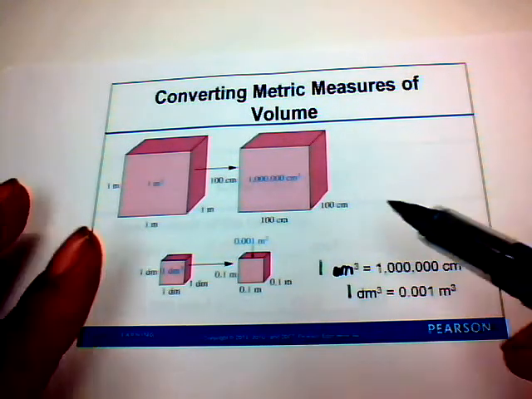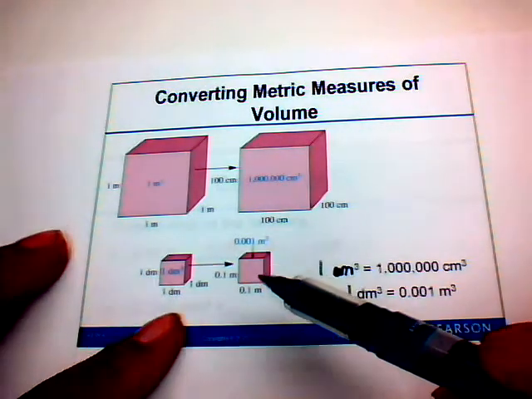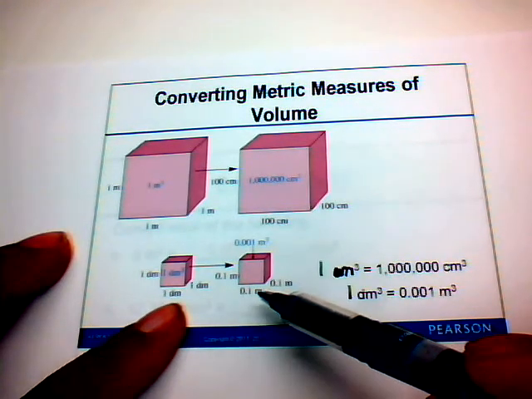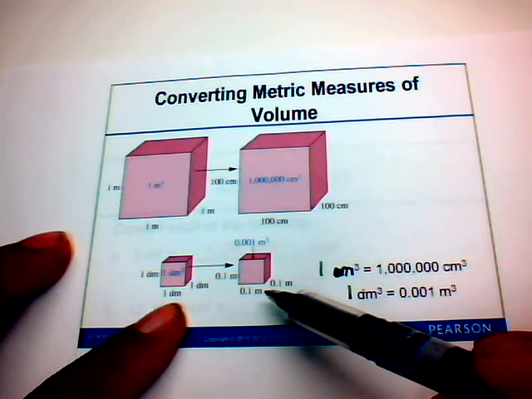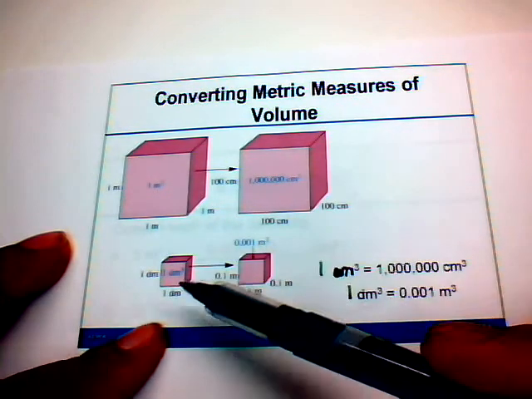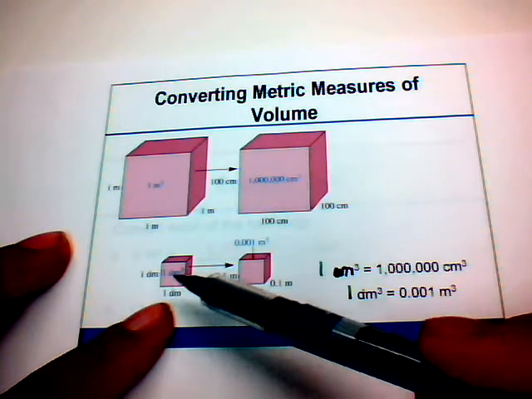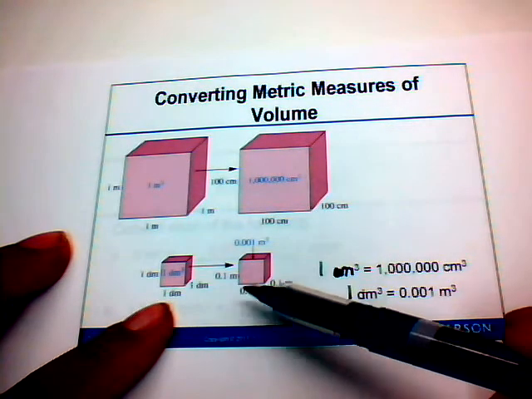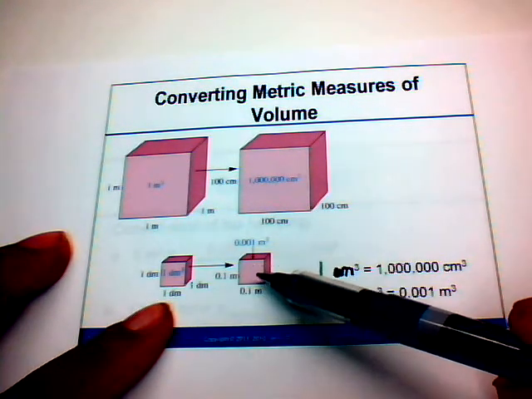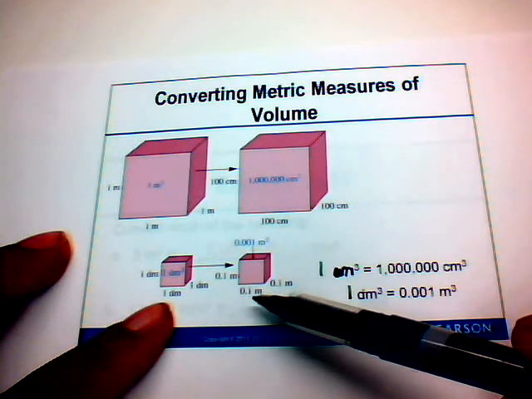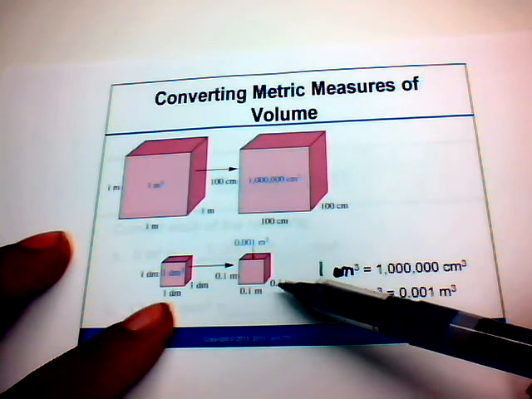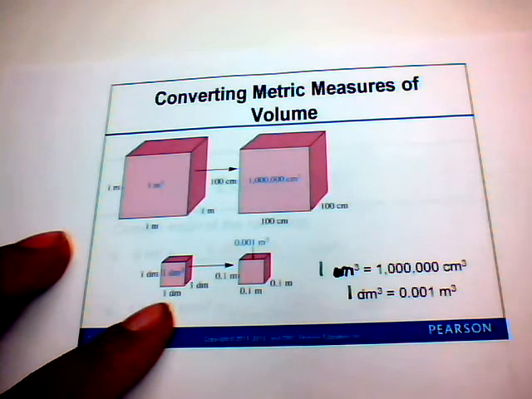You can see the equivalencies here, because a decimeter is one tenth of a meter. So for the cubic decimeter, length times width times the height, that's 1 cubic decimeter. Then this would be equivalent to 1/10 times 1/10 times 1/10, or 1/1000 of a cubic meter.